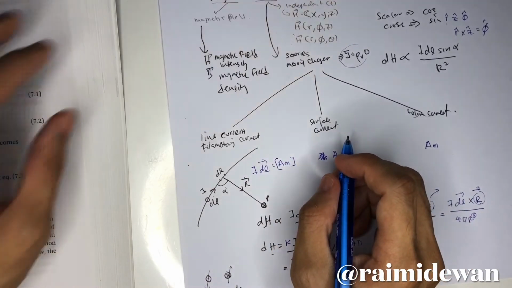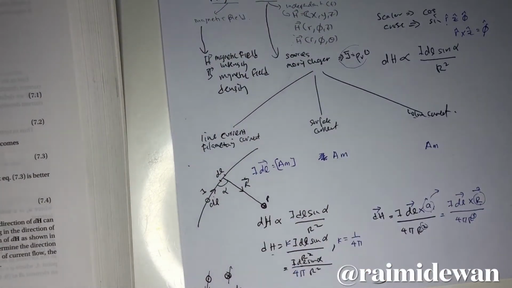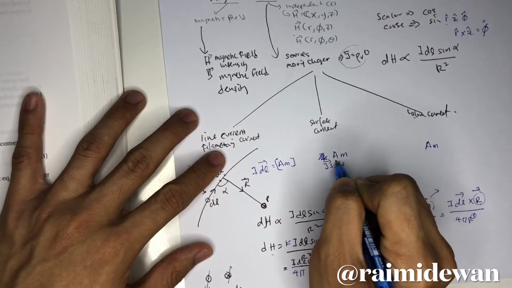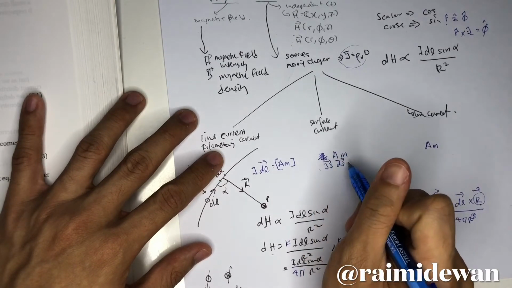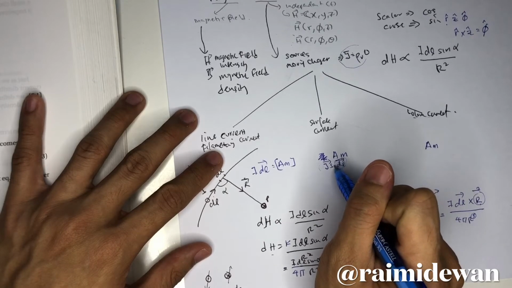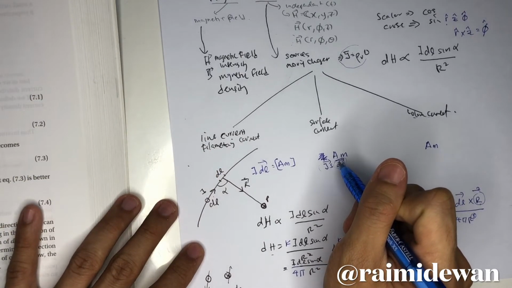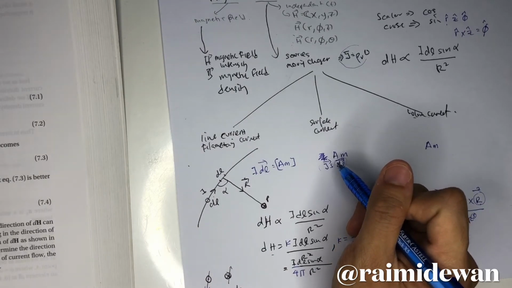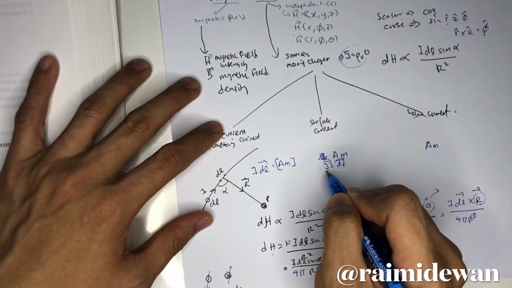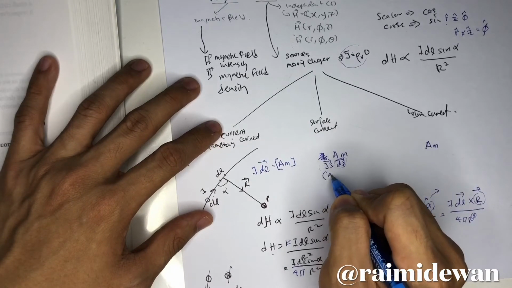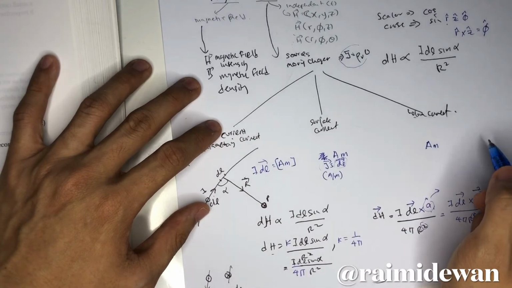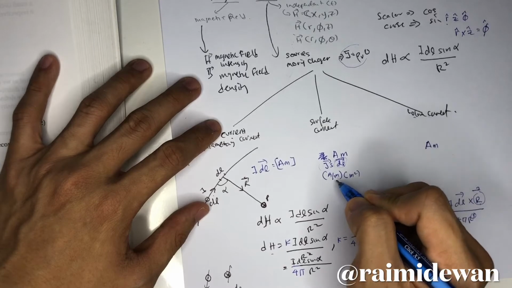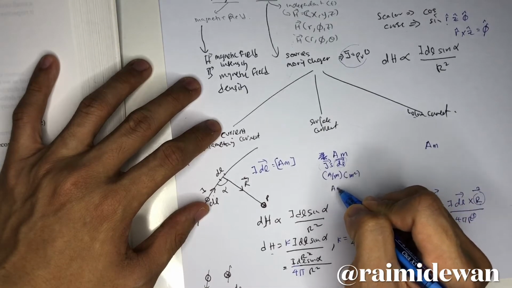For the surface current, you want to see JS ds, with respect to the surface current. If your J is A per meter, and your ds is meter square, then one meter cancels out and you will have AM.